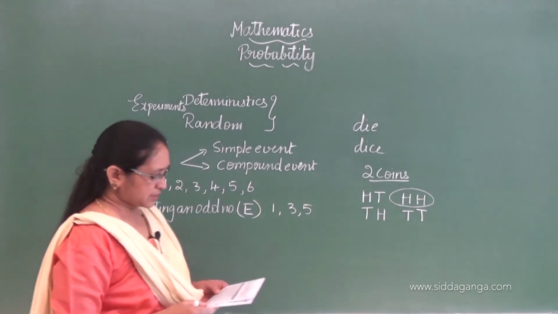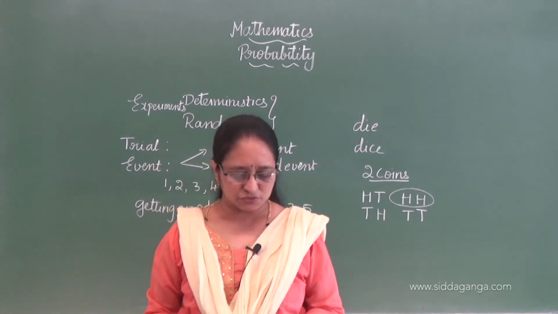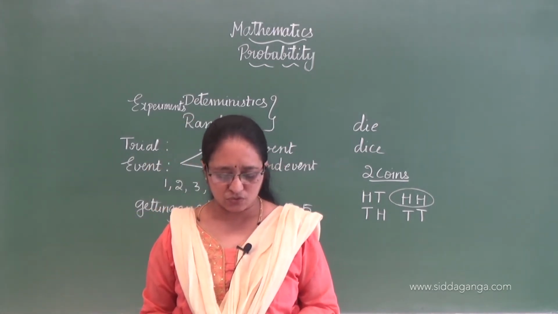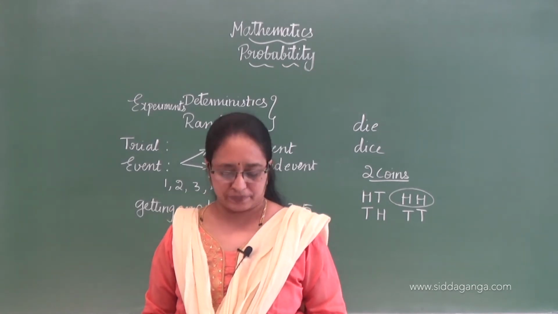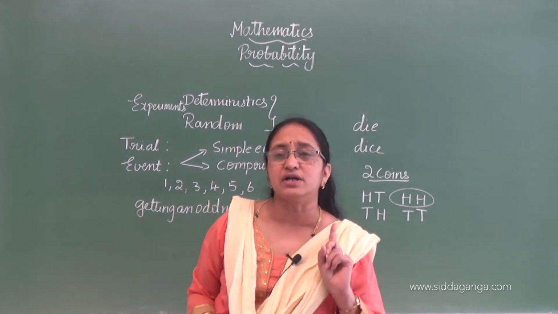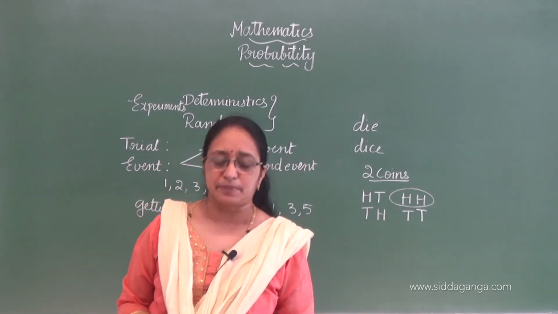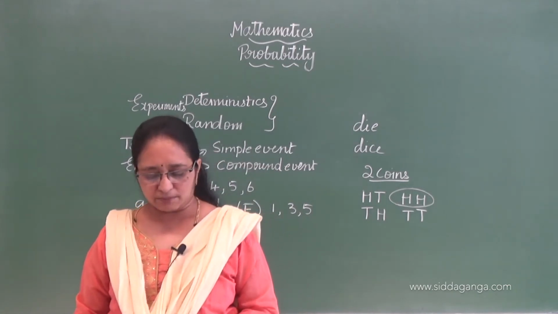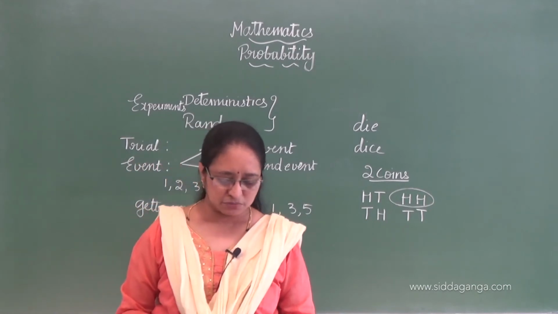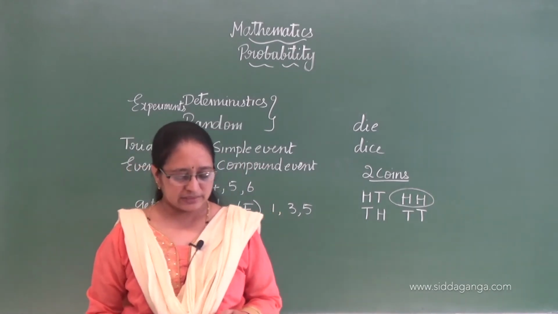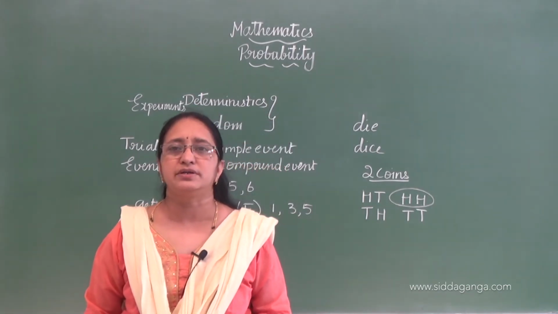See, I hope you can understand this, if an event has only one outcome out of all outcomes of the experiment, then it is called a simple event. Compound event means if an event has more than one outcome, then the event is called a compound event.